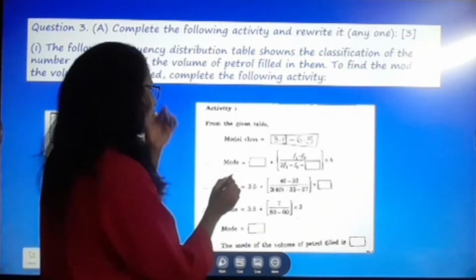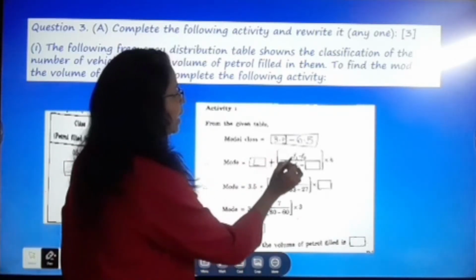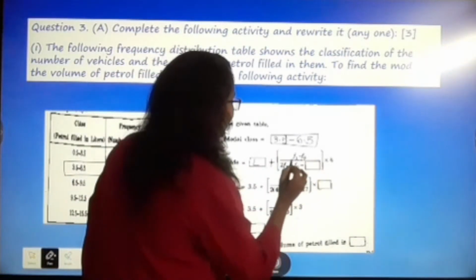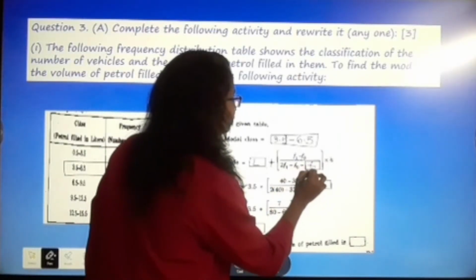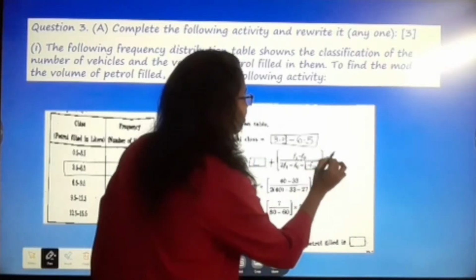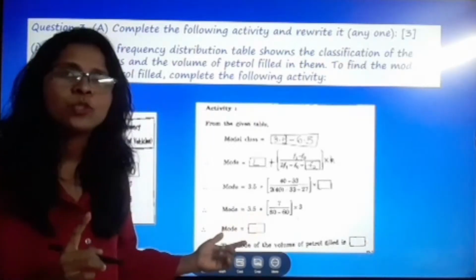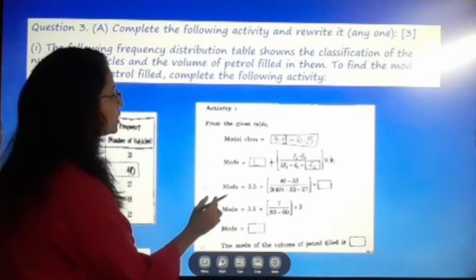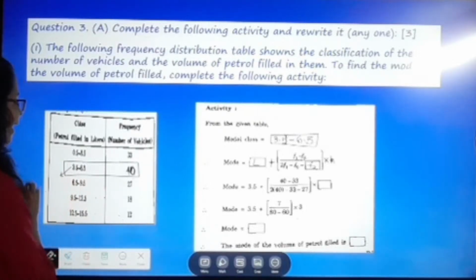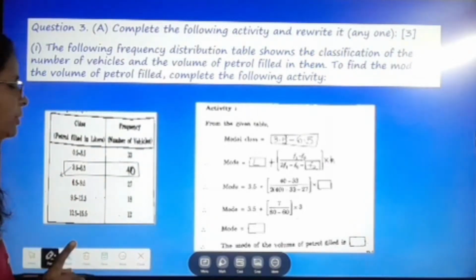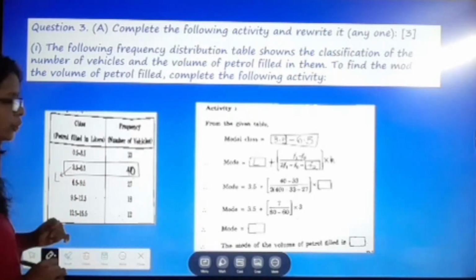So here, mode is equal to L plus (F1 minus F0) divided by (2F1 minus F0 minus F2), multiplied by H. Now the next step is substituting the values. Mode is equal to, L is equal to, observe the values from the table, from the class, so L is equal to 3.5.